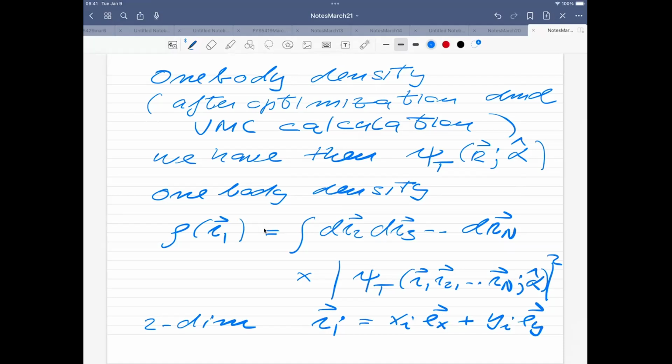So it means that, like in our case, since we're looking at the ground state, it is normally isotropic. So that means that we don't need to think of the angles. This is something which will simplify the calculation of the one-body density. So we are looking at the one-body density of the ground state wave function.